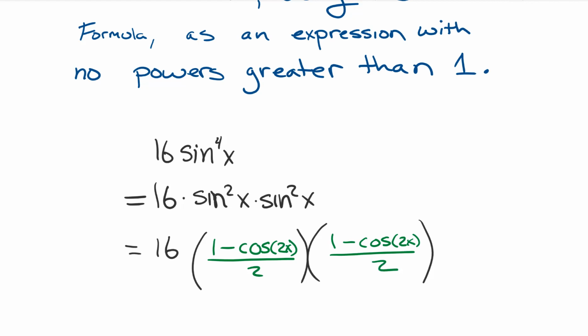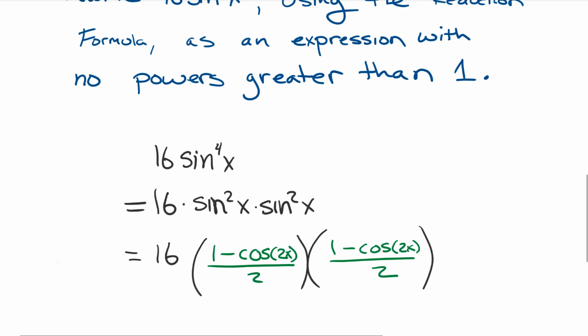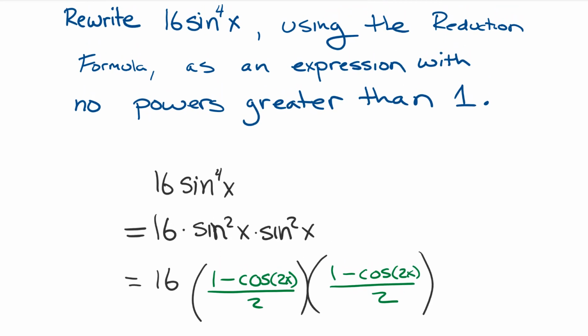Sweet, we're almost there, but you're not done yet. You've certainly written an expression that has no powers greater than 1, but that's only because it's factored. I want to be able to expand the whole thing out.